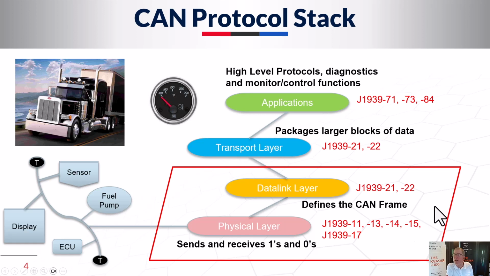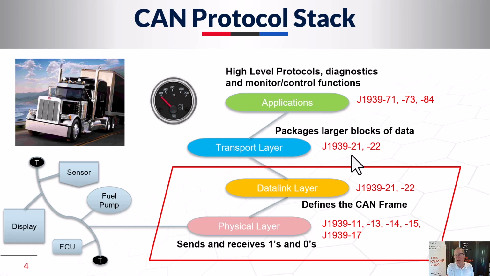The data link layer defines those ones and zeros, defines that raw data, and puts it into a CAN frame for later work by a transport layer, which gets the data from its raw frame across the network. Larger data packages are broken down into transportable sizes in the transport layer. And there are, again, some J1939 specs that handle that, the -21 for classical CAN, the -22 for CAN FD. We're going to mostly be in the classical CAN world today, but I think a lot of what I say will also apply to CAN FD.